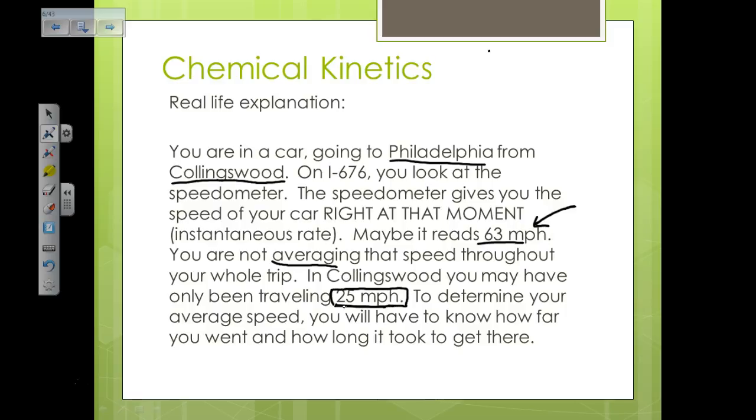If you want to know how long it's going to take the trip, you're going to use the 25 mile an hour average speed. If you want to know how fast you are going right now, you're going to use the 63 mile an hour speed. There's a definite difference between these two pieces of data.